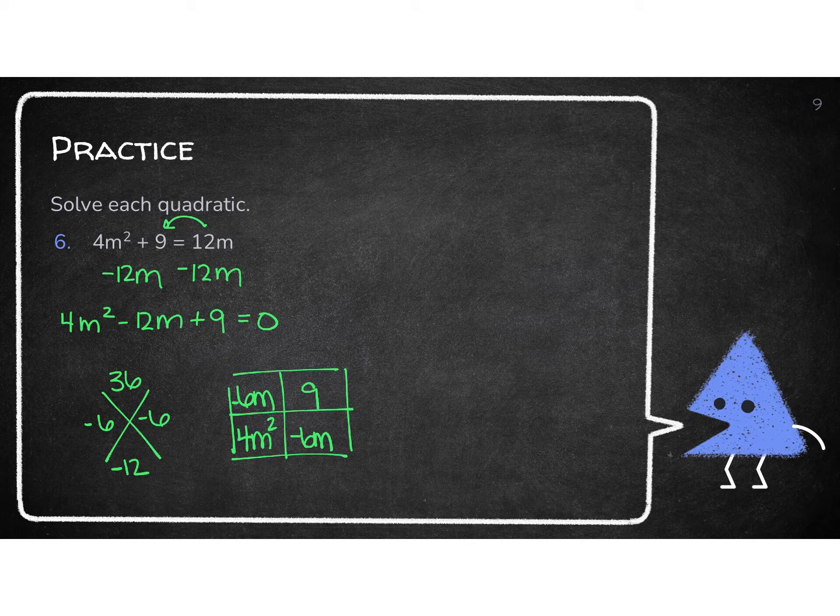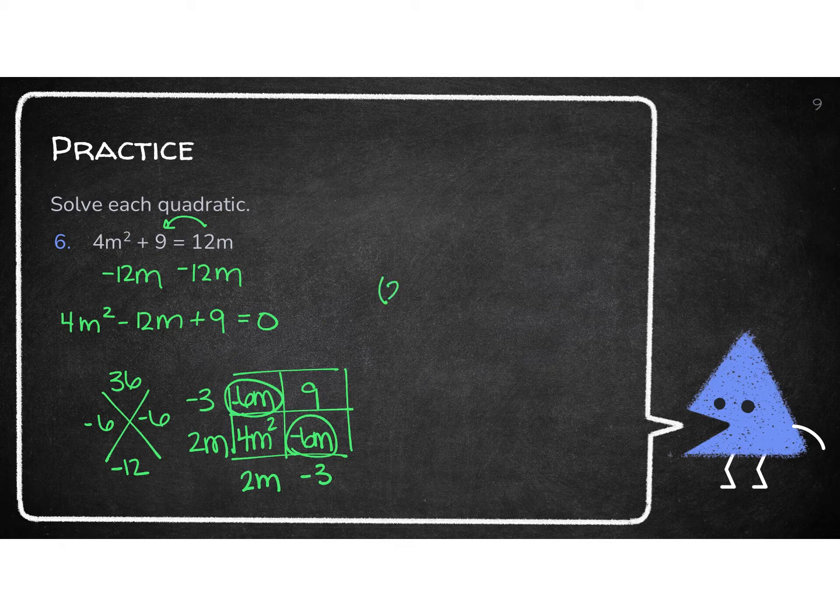So 4m squared and 6m both have a 2m in common. Negative 6m and 9 have a negative 3. Remember, since this is negative, that's why I'm pulling a negative out. 4m squared and negative 6m have a 2m in common. And a negative 6m and a 9, I'm going to pull out a negative 3, because again, since this is negative, that's why that negative comes out.